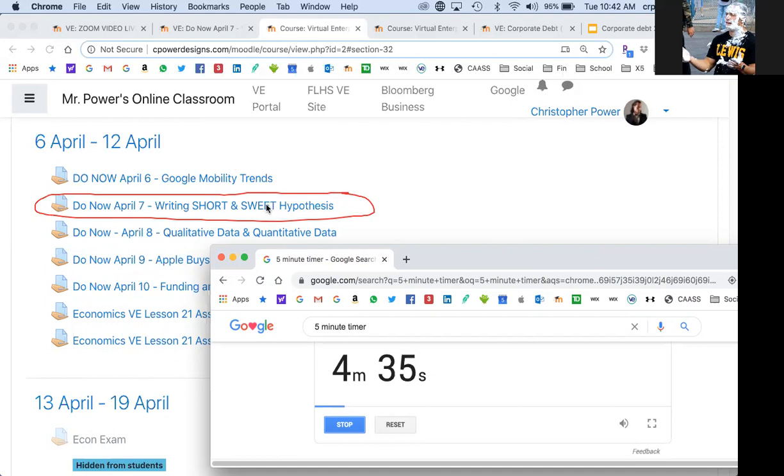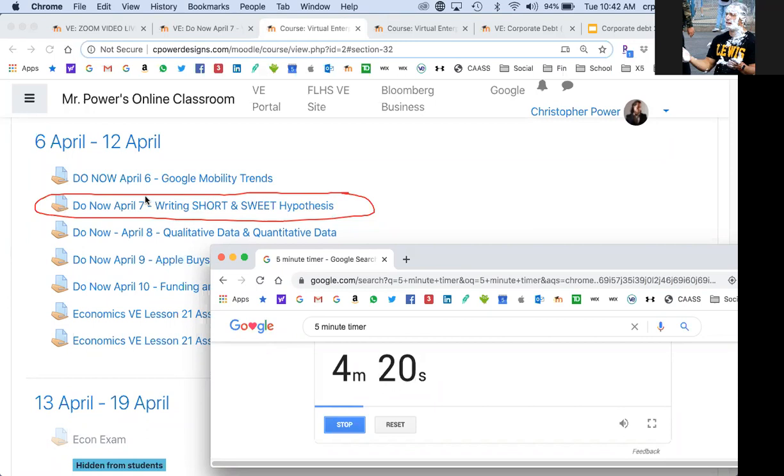I believe there's 6 bullet points here. Then condense and shorten yours, and repost your new hypothesis in this area. You've got about 4 minutes. After that, we'll go over it.